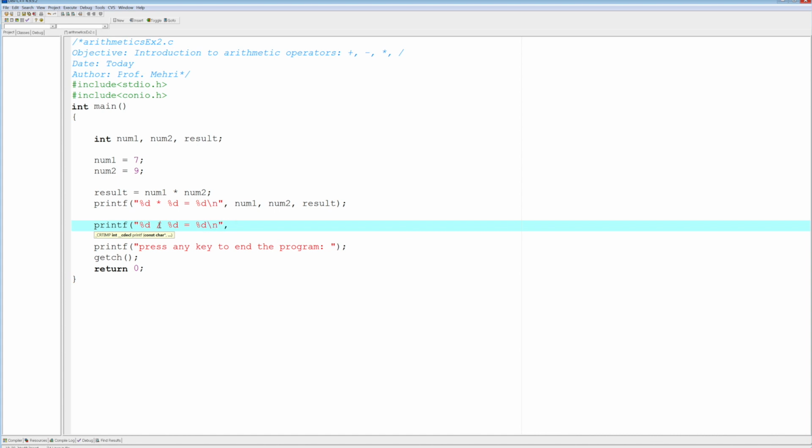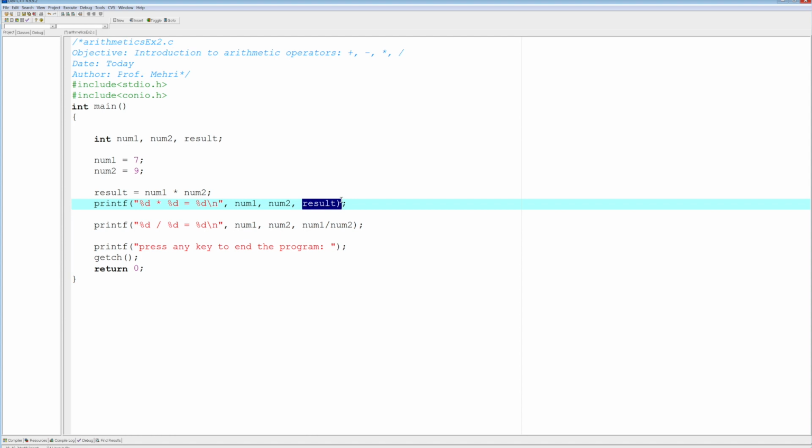And so let's go ahead and do num1, num2, and for the result, you're going to have to do the division right here, num1 divided by num2, right? So we're doing the operation right here instead of an intermediate variable like result. So you can do operations right in the printf statement.